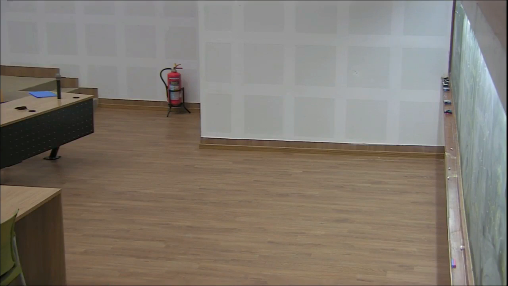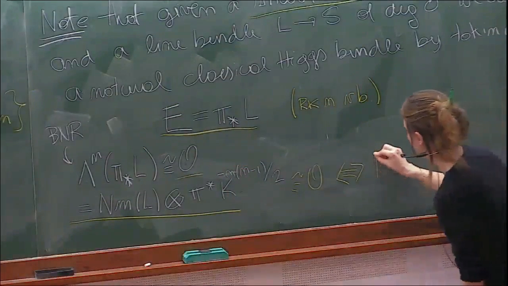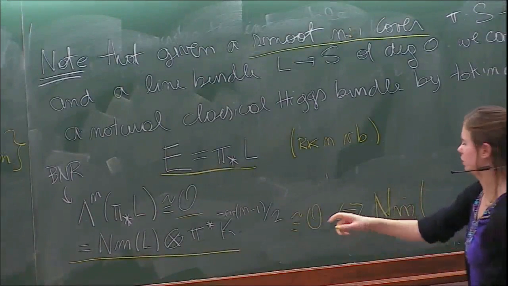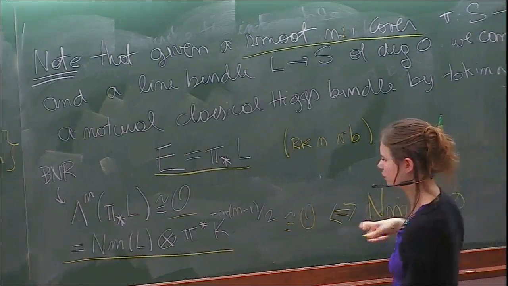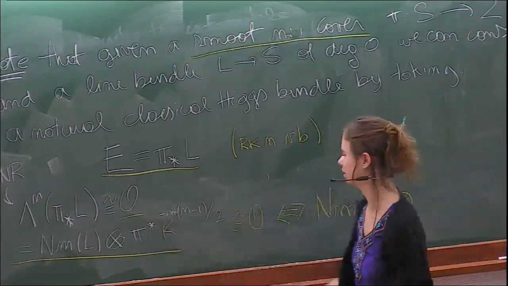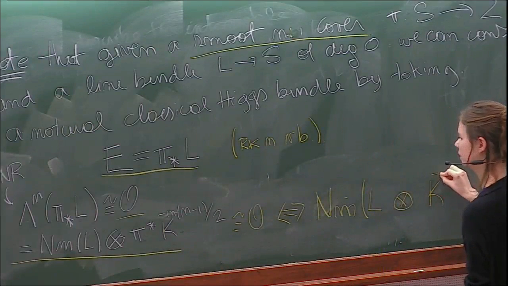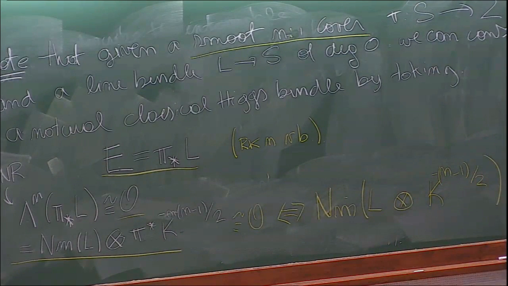And the norm map and the pullback puts an n. So I want to put everything in terms of a condition on the line bundle. So it's going to be the norm map of L tensored with, and now I'm canceling the norm map with pi, canceling the n, so tensored with k to the minus (n minus 1) over 2. I want all these to be trivial.